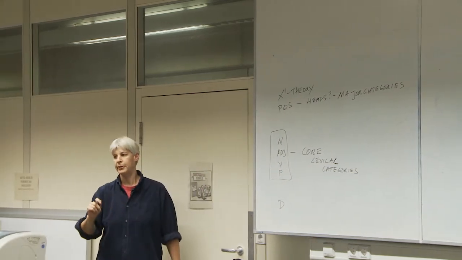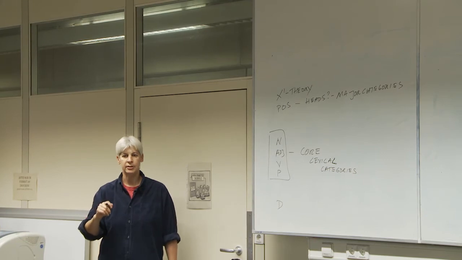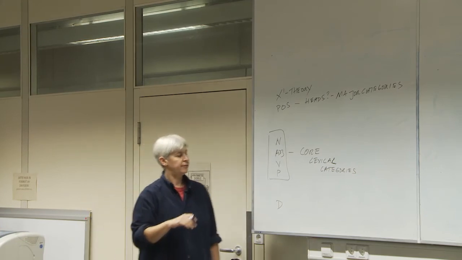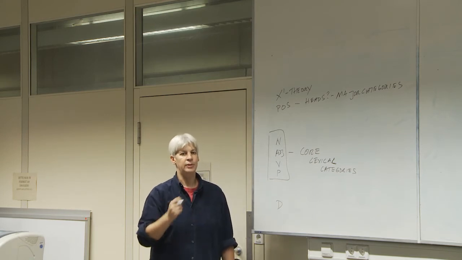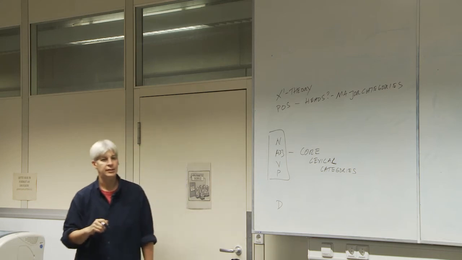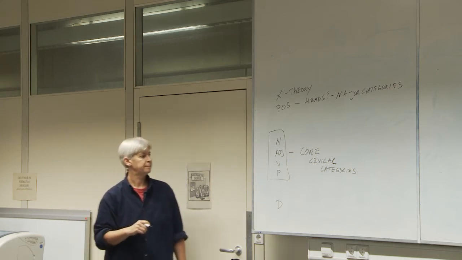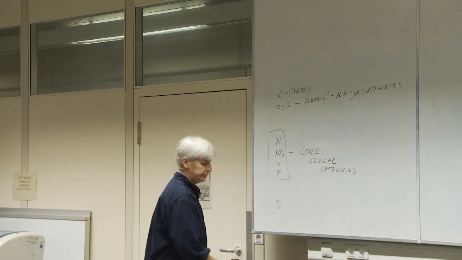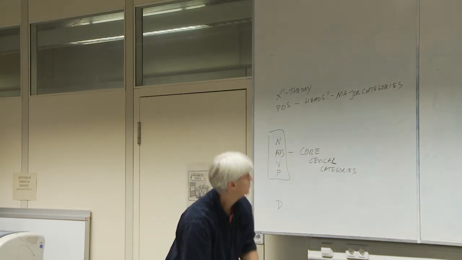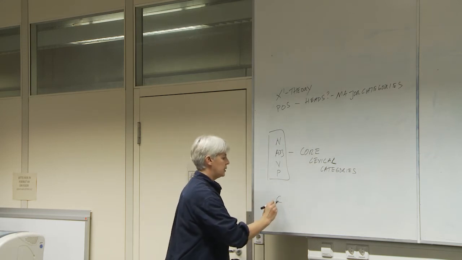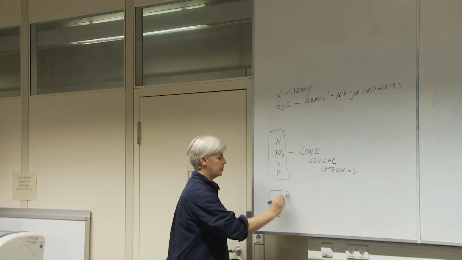Although people fight about, for some languages, whether these languages have adjectives at all, or whether they have verbs at all. So again, you have to think about what is an adjective, what is a noun, what are my criteria for saying something is an adjective. Okay. And then we have some functional categories that we generally assume. And these are C and I. You should have seen those before as well.